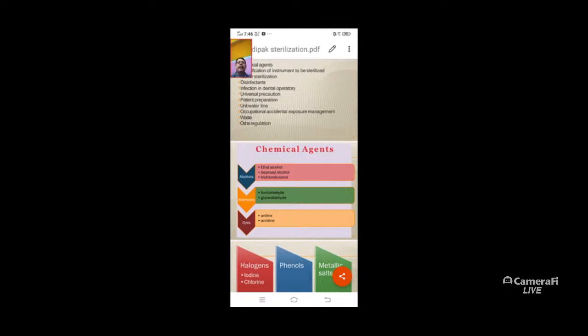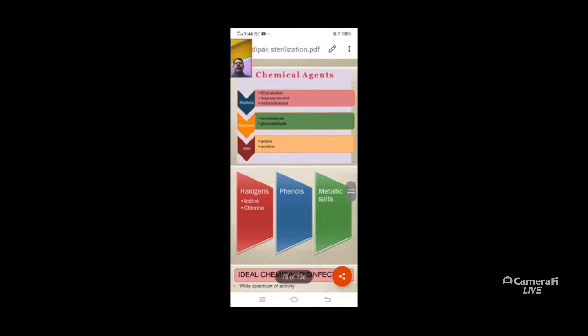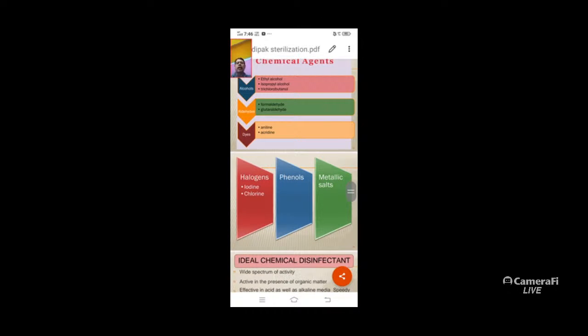Chemical agents are classified as follows. Number one, alcohols: ethyl alcohol, isopropyl alcohol, and trichlorobutanol. Aldehydes: formaldehyde and glutaraldehyde, which I already discussed. Dyes: aniline and acridine. Another is the halogens like iodine and chlorine, and phenol and metallic salts.